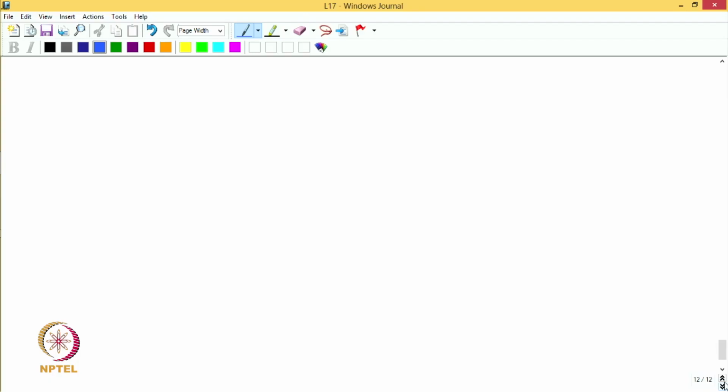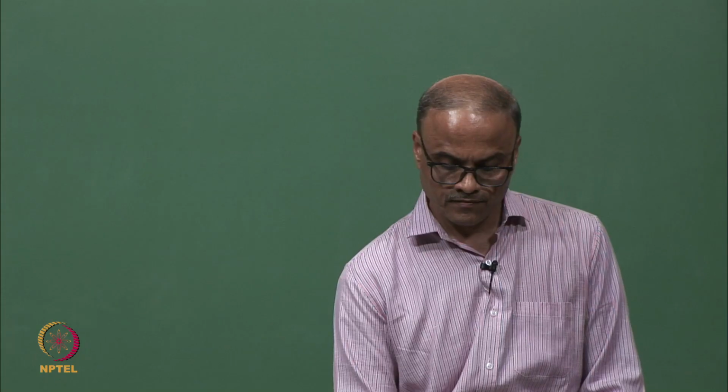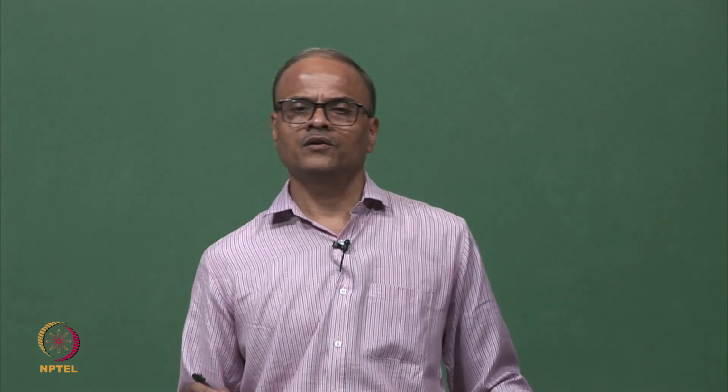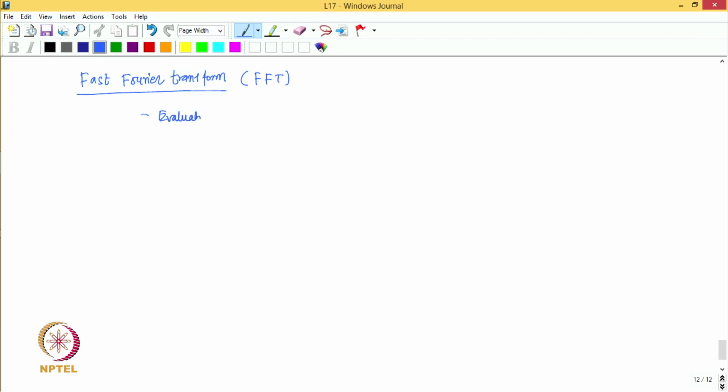Now we are going to talk about what is called the Fast Fourier Transform, abbreviated as FFT. We see that evaluation of the DFT is computationally expensive.